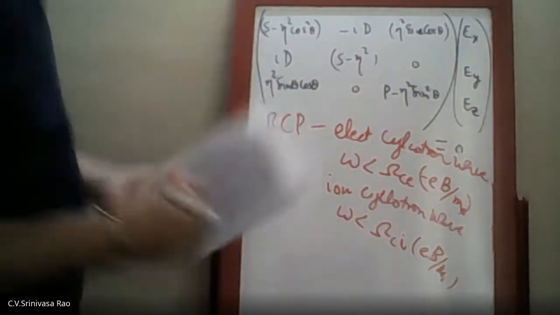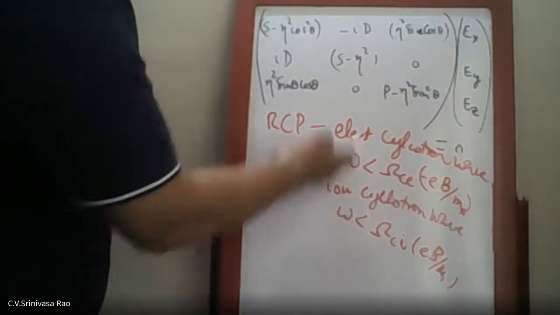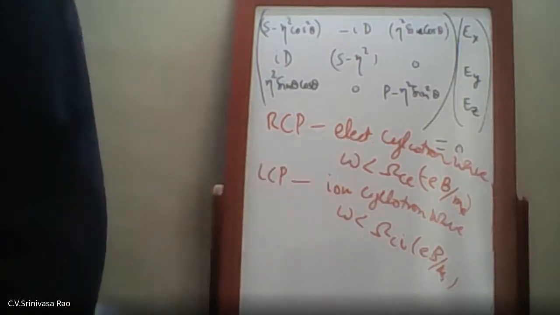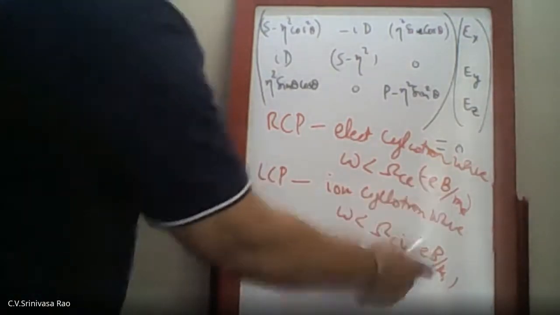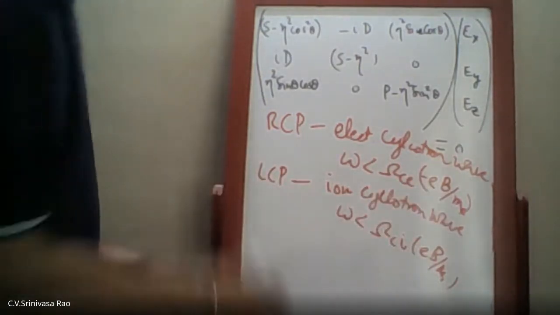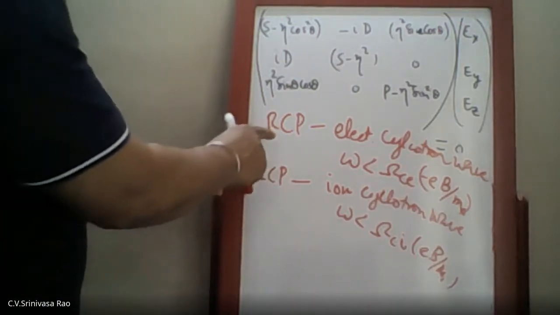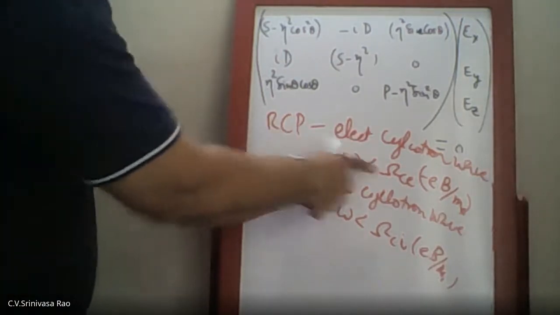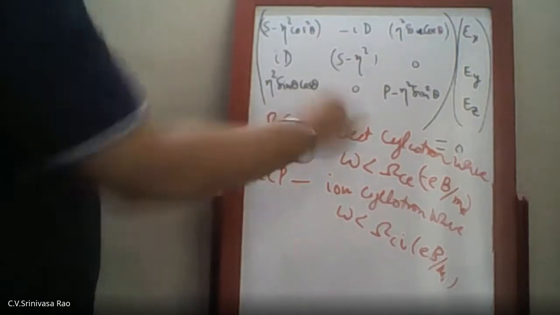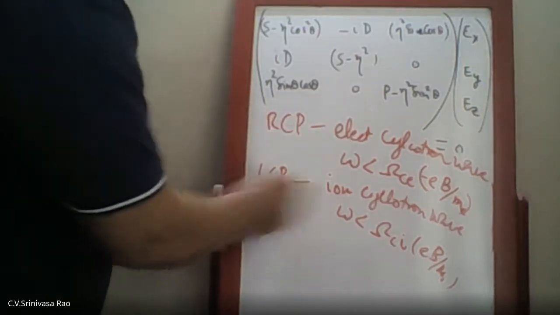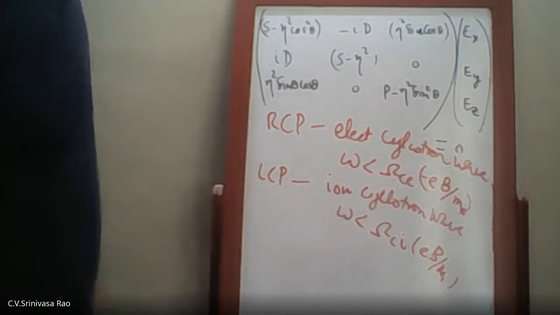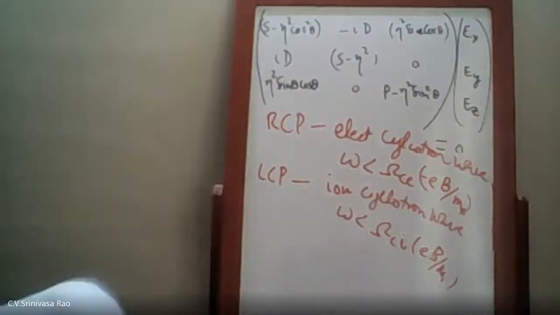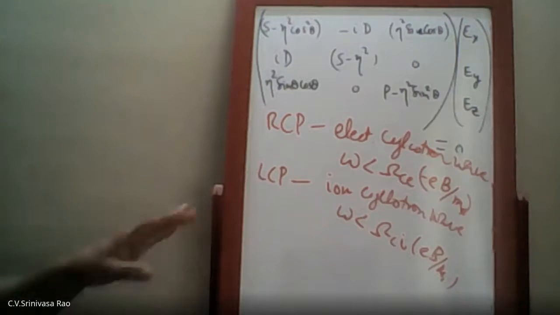So typically these frequencies are in megahertz, whereas this is in gigahertz because of the mass. Also we told that there's a resonance, so you can use this wave to heat the electrons, and this wave you can use for heating the ions. So that is how these waves become important. So this was a summary of what we did last time.